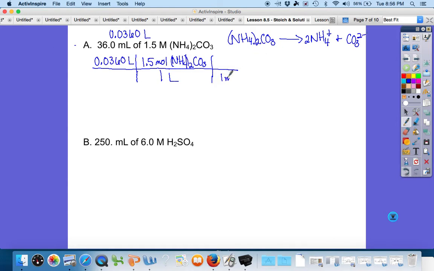So for every 1 mole of our compound, ammonium carbonate, we have 2 moles of our ammonium ions.